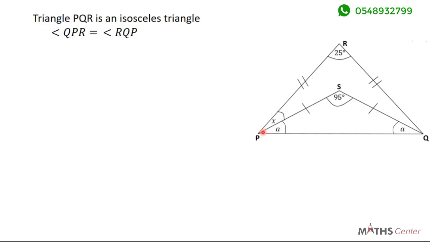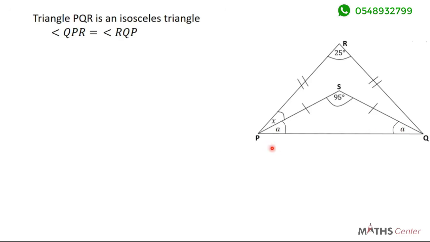So if two sides are of the same length, then it means that triangle PQR is an isosceles triangle. And if it's an isosceles triangle, then angle QPR and angle RQP are equal.